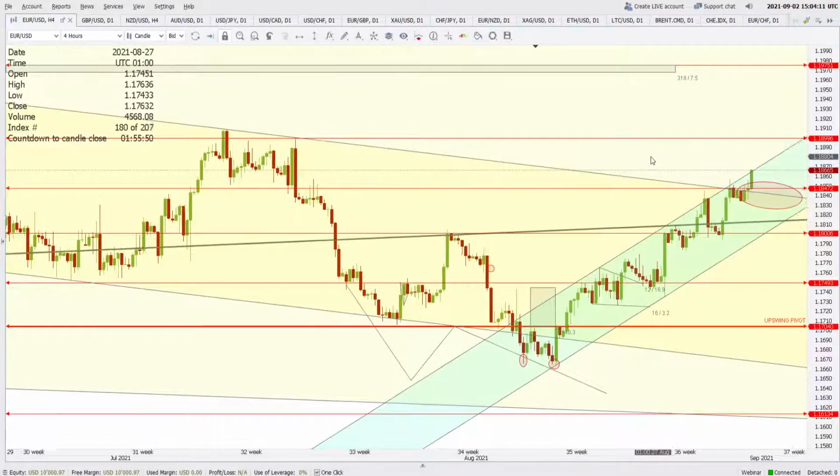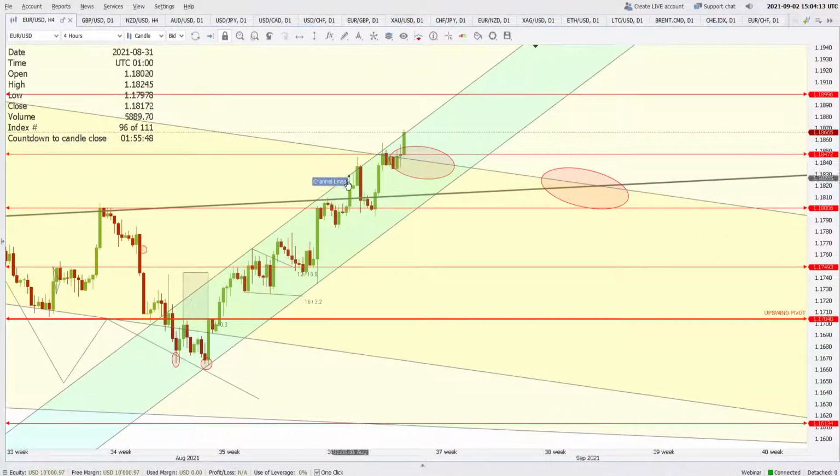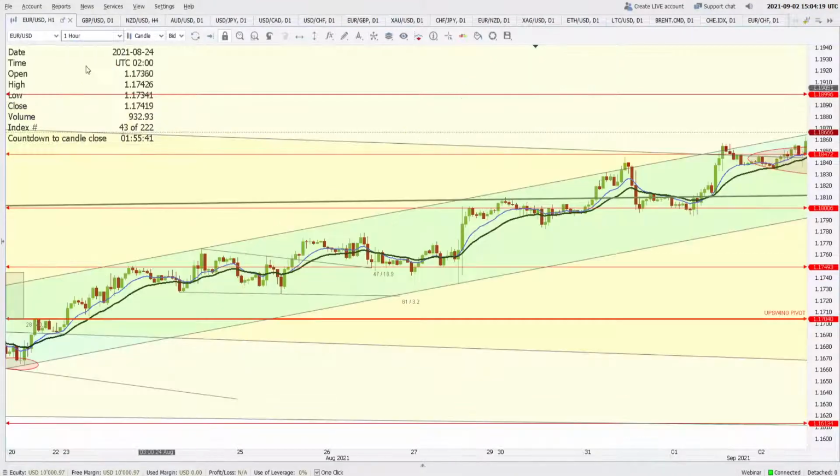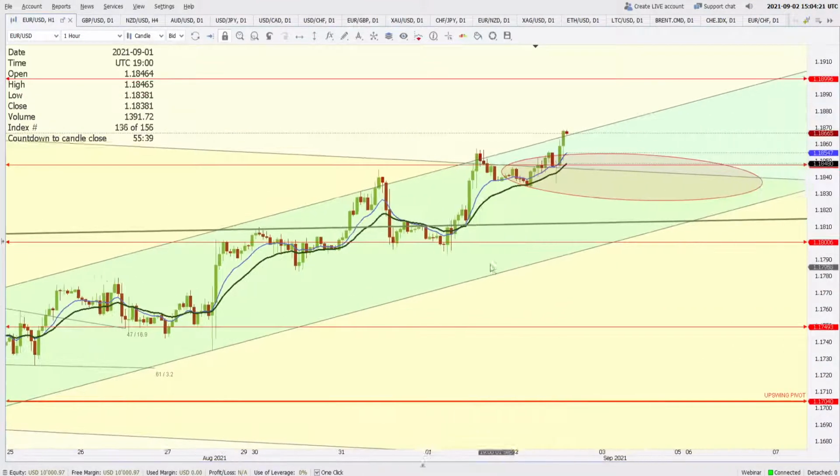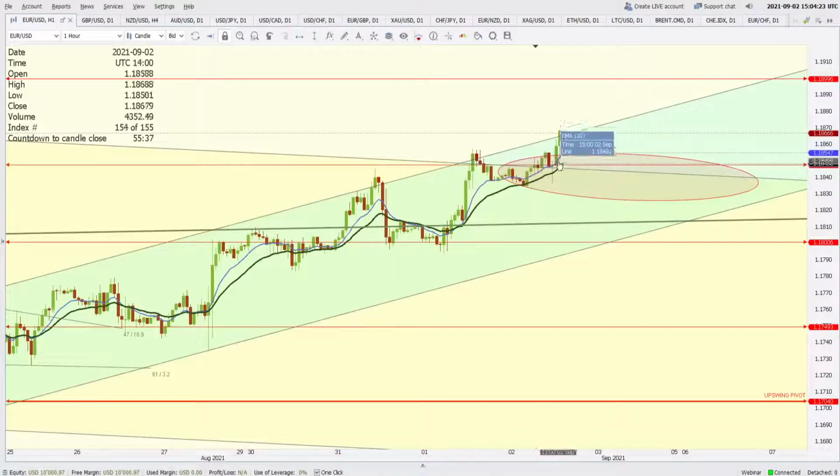So price is now almost free to go, but this rising channel's resistance line is trying to act as a dynamic resistance whenever the price tries to go up. You see that? But now this one hourly candle has closed above that rising channel's resistance line. There is a possibility that the price will go up.